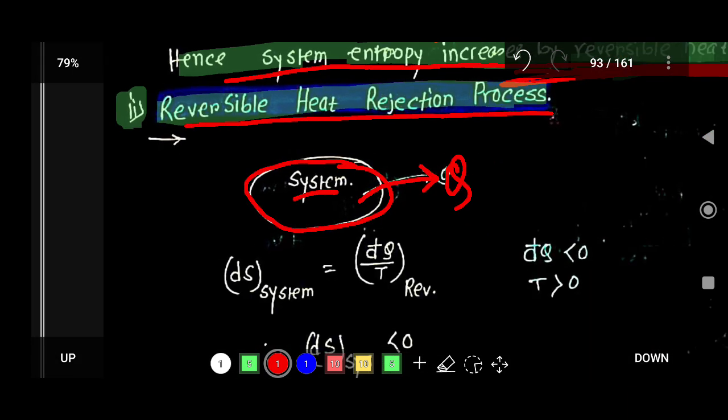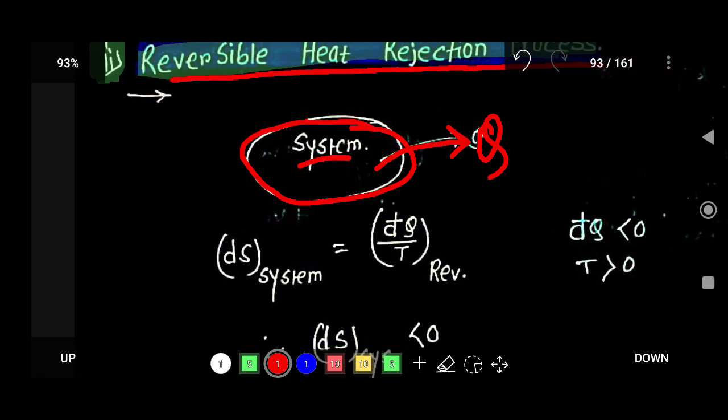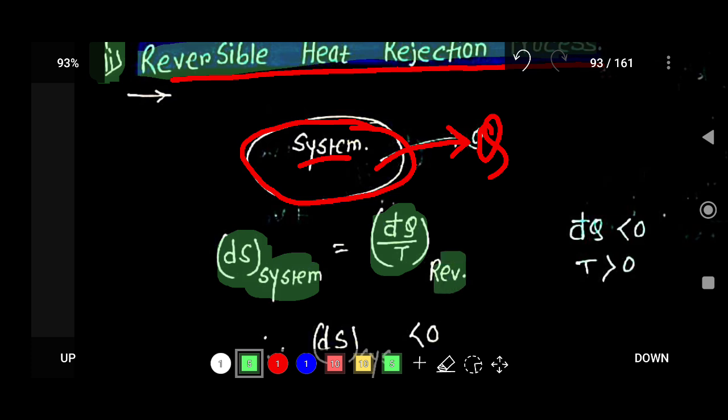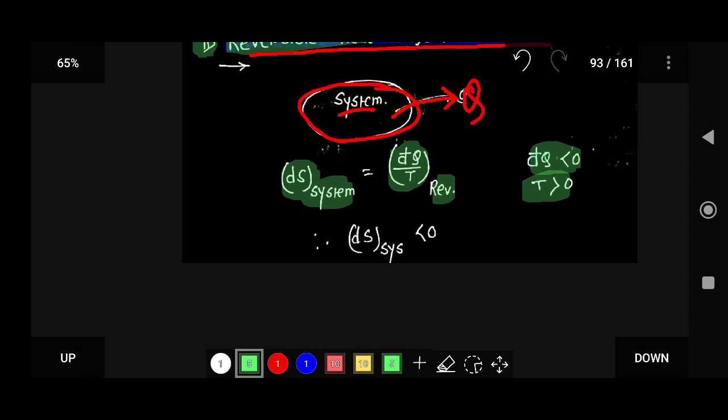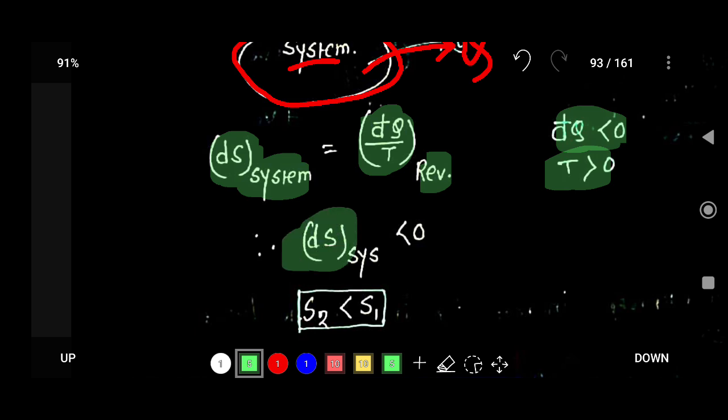If you want to calculate dS for the system, it is delta Q by T for a reversible process. Since delta Q is going out from the system, delta Q is less than 0, and T is always greater than 0. So dS of the system is less than 0.